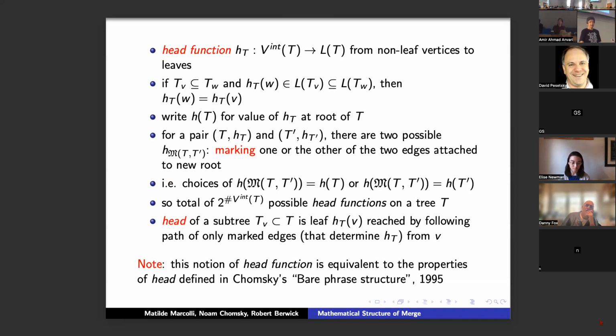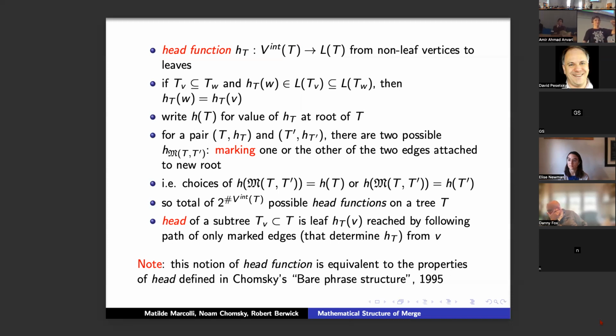So I'm going to define a head function, for a specific given tree, as a function from all the non-leaf vertices of the tree, so the root and everything that has something below it, right? And it's a function from this set of vertices to the set of leaves. So I give you a vertex and I have to tell you which one of the leaves that vertex goes to.